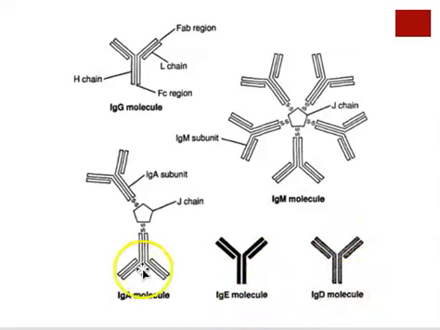And of course, all of them have this Y shape in some form or another. The next thing you notice is that some antibodies have more than one Y in them. The IgM, for example, is actually made of 1, 2, 3, 4, 5 different Ys. And the IgA is made of 2 that are connected to each other.